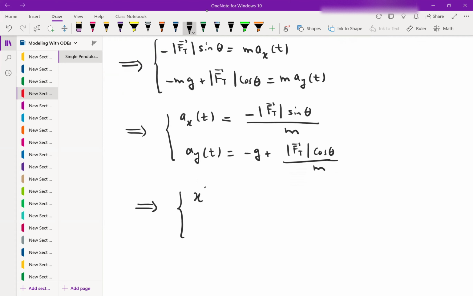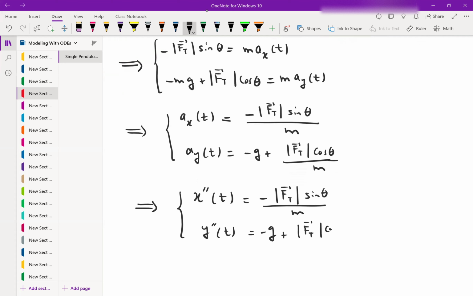So now we have these differential equations, in a sense. x double prime of t is equal to negative the magnitude of the vector Ft sine theta over m. y double prime of t is equal to negative g plus Ft cosine theta over m.